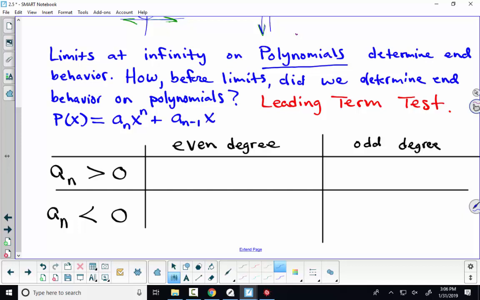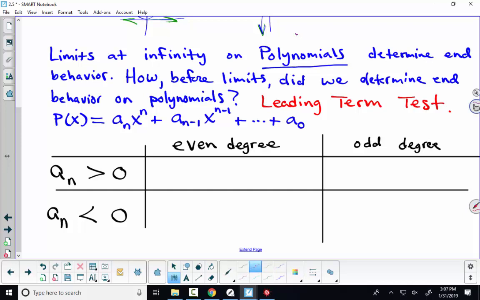And just to remind you, the general definition of a polynomial was this. So depending on which two things happen together, determined where the arrowheads or the end behavior of polynomials went.